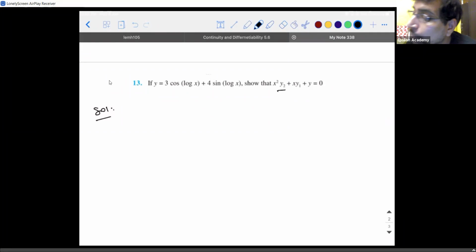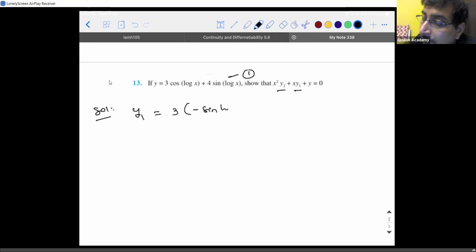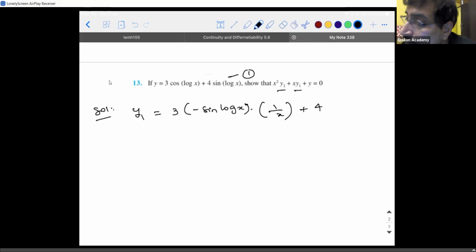You know what is y2? Y2 is the second derivative, y1 is the first derivative. So what is y1, guys? Let me call the question itself as 1. y1 is equal to 3 into derivative of cos, which is minus sine log x, into derivative of log x, which is 1 by x, plus 4 into derivative of sine of log x, which is cos of log x, into derivative of log x, which is again 1 by x. Right? That is y1.